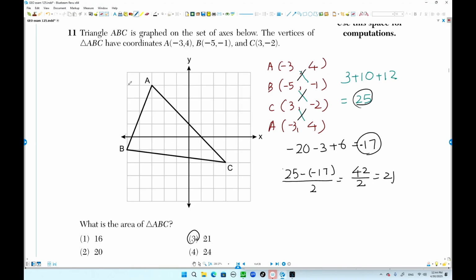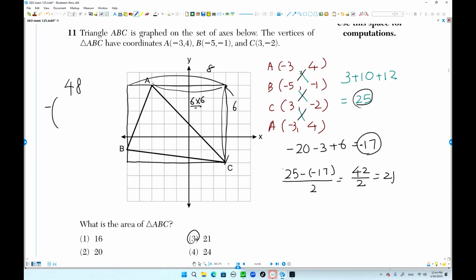Or you can use a box method. You can make a box around the triangle. They are perpendicular, right? This side is how much? 3, another 5, so 8. This one is 6. The area of the large box is what? 6 times 8 is 48. So you can take off the pieces inside, right? This is a 6, this is 6. 6 times 6 divided by 2 is 18.